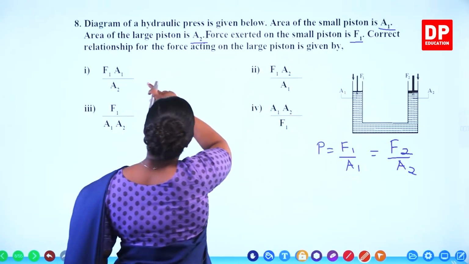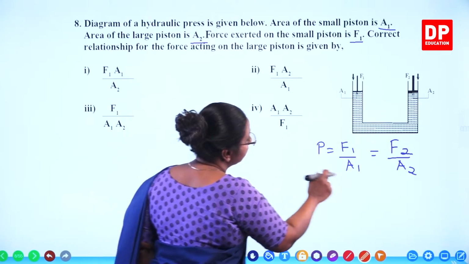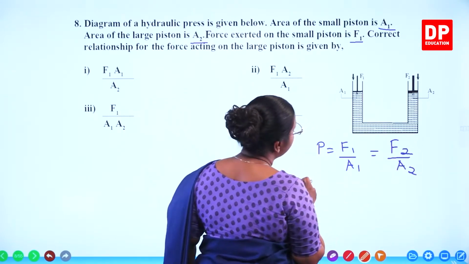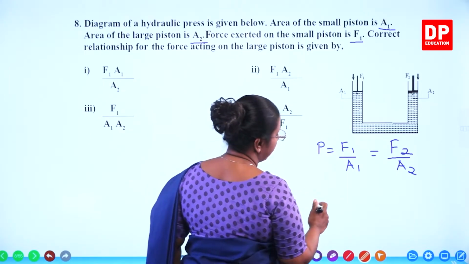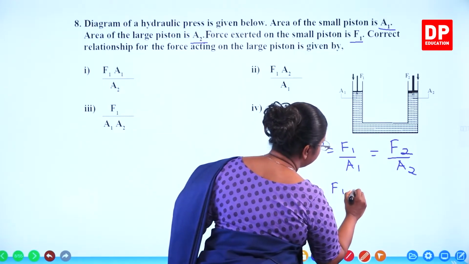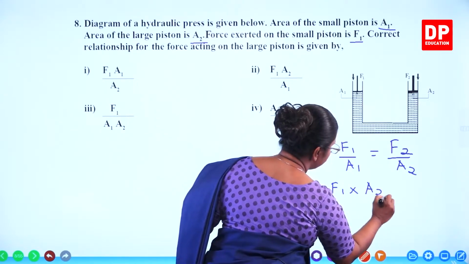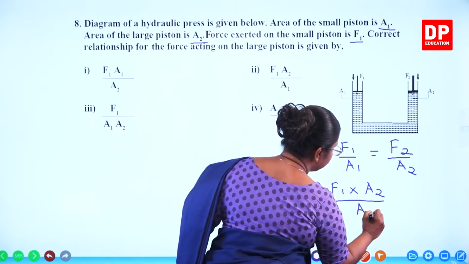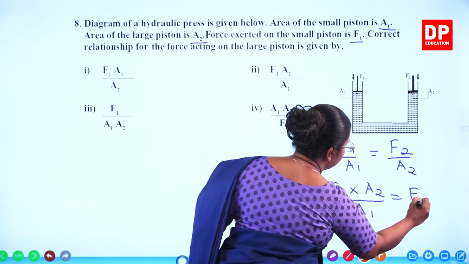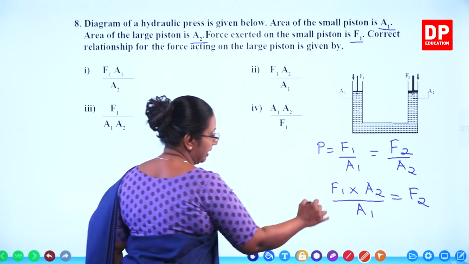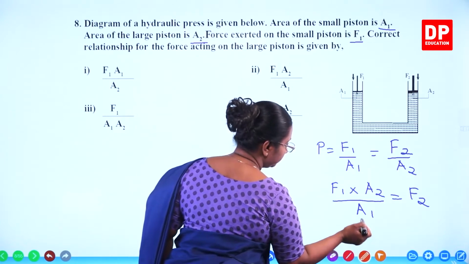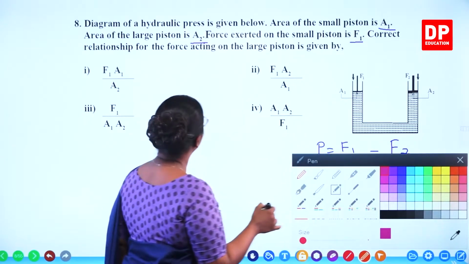We need to find the relationship for the force acting on the large piston, that is F2. If you rearrange, F1 times A2 over A1 will give you F2. That is what we need to find. That should be the answer.